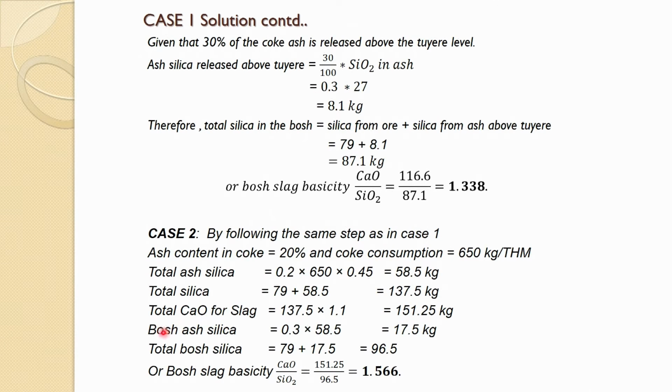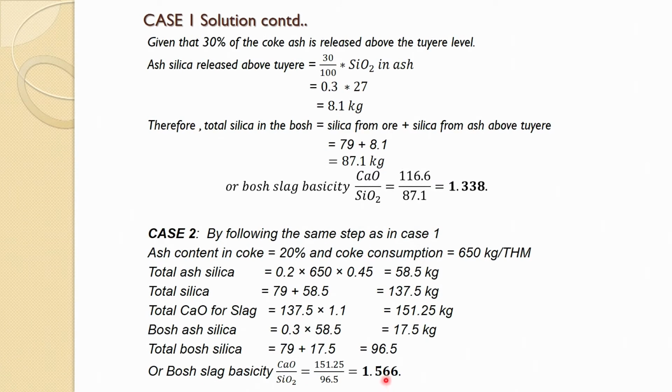Now, because the silica which is released in the Bosh region is 30% from that. So, we have 58.5 in the coke. So, 30% of it is 17.5. So, total SiO2 in the Bosh region would be 79 plus 17.5, which is 96.5. So, slag basicity is naturally a ratio of CaO to SiO2. So, CaO is 151 and SiO2 is 96, that gives about 1.6 as your basicity of the Bosh slag.